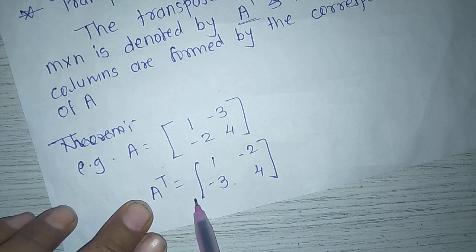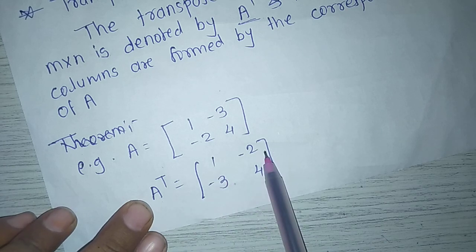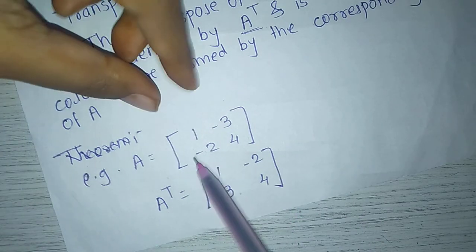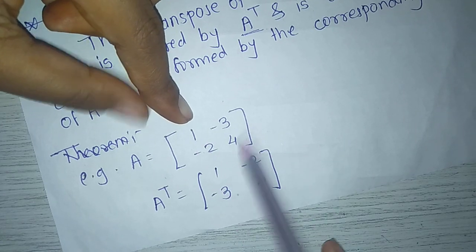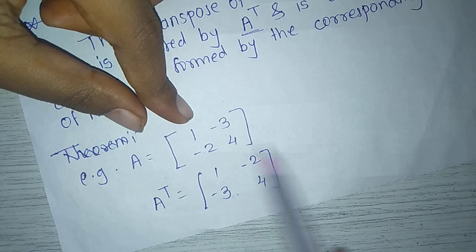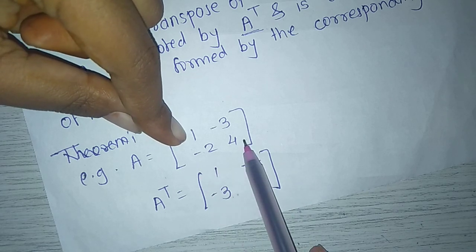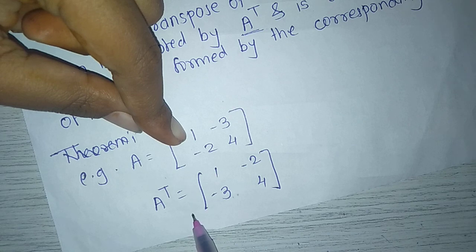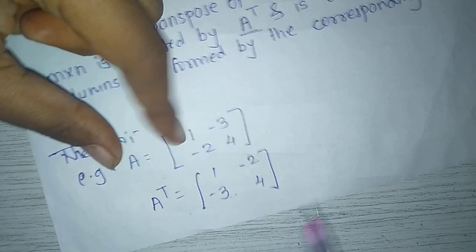Then A transpose equal to 1, minus 2, minus 3, 4. Means here first row 1, minus 3, in A transpose first column is 1, minus 3. Here second row is minus 2, 4 and in A transpose second column is minus 2, 4.